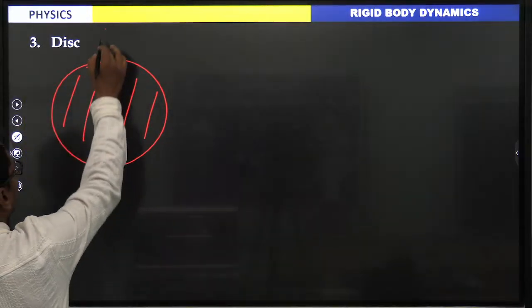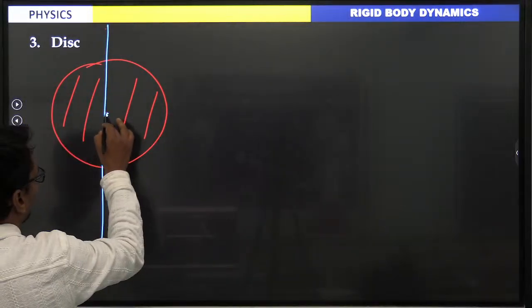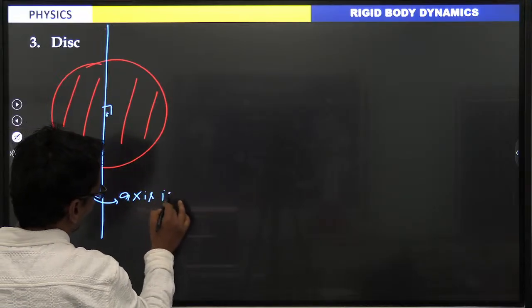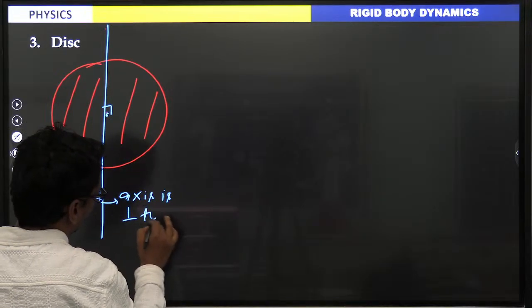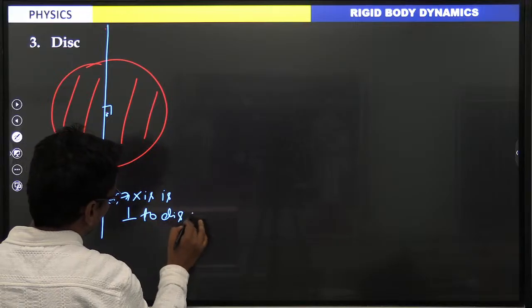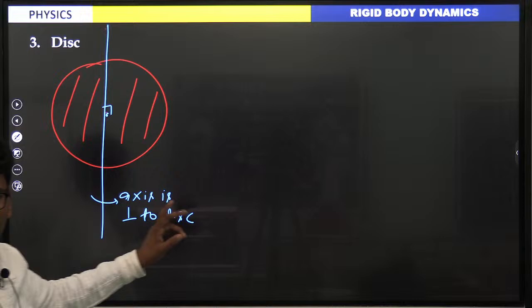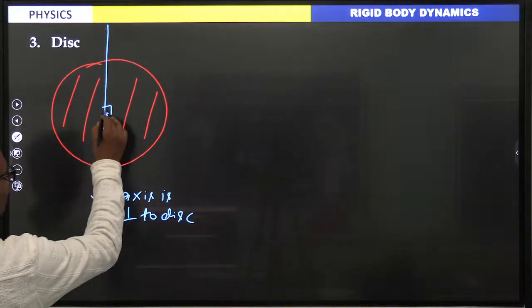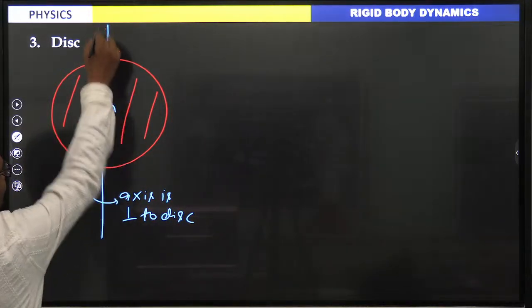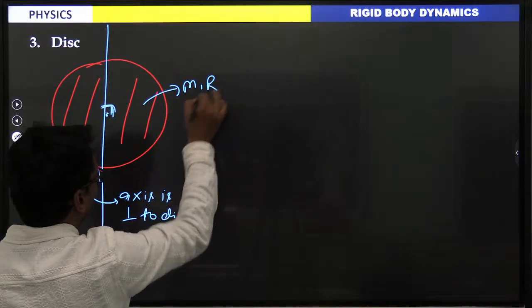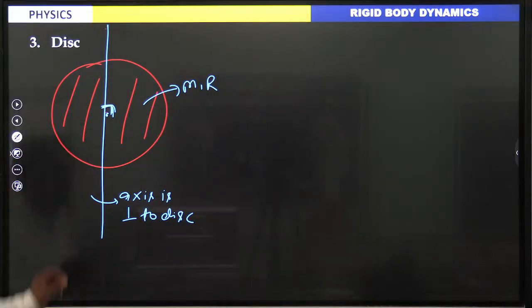We make the axis with the blue line, and this axis is perpendicular to the disc, and the disc lies on this blackboard. The mass of the disc is m and the radius is r. Then how will I find the moment of inertia of this disc about the given axis?